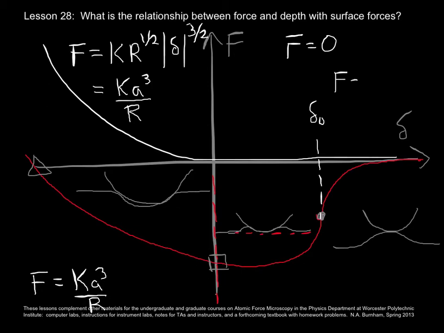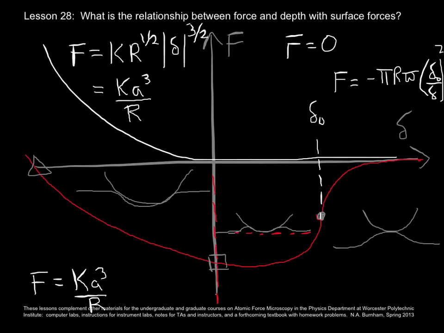And so if you remember back to lesson 25, we said that van der Waals attractive forces can be written as minus 2 pi tip radius work of adhesion delta 0 over delta quantity squared. Now you notice I left a factor of 2 out. That's on purpose. It's not a little boo-boo. And I can come back and justify that at a later time.